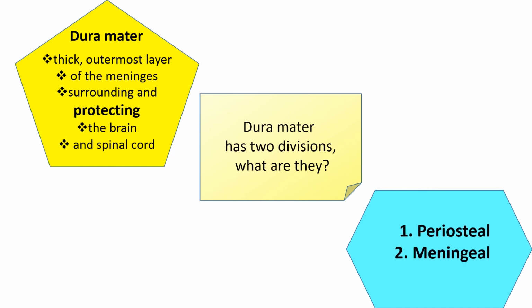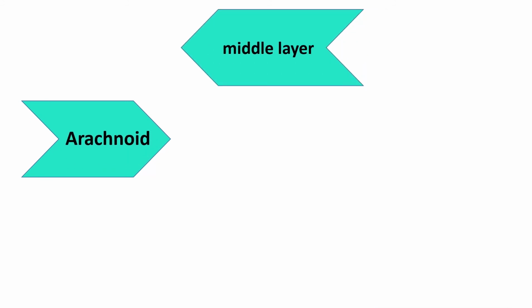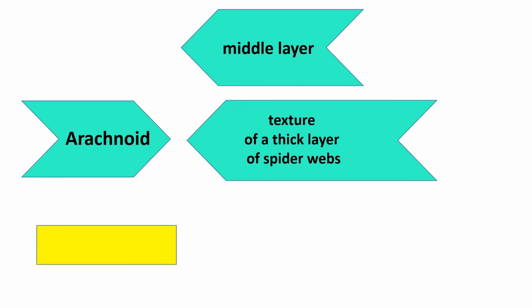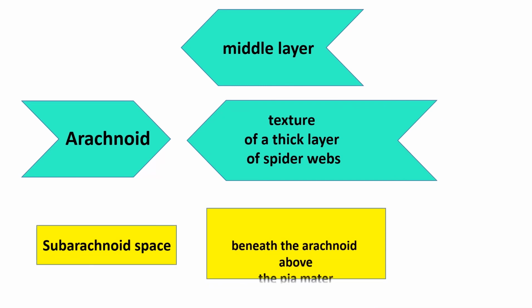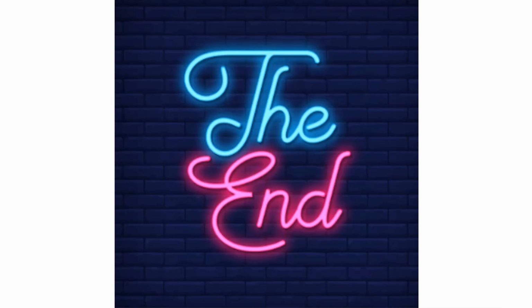And these are very basic facts about the meninges surrounding the brain. That's about the arachnoid, and that's it.